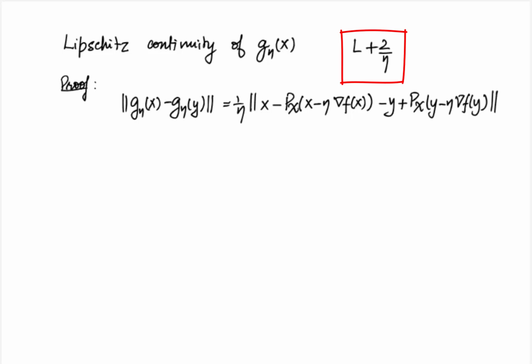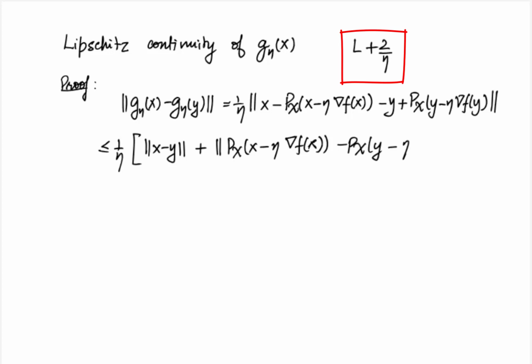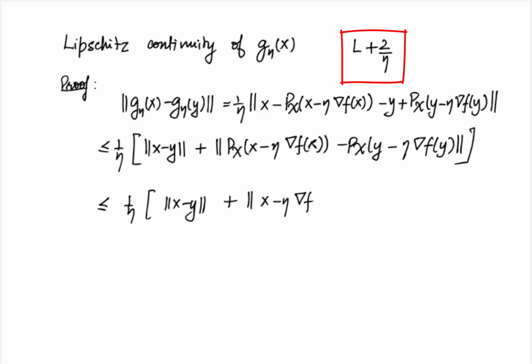Now let us use the triangle inequality to get the x minus y term separate from the projection term, so as to bound the right hand side with 1 by eta times norm of x minus y plus norm of projection of x minus eta gradient f of x minus projection of y minus eta gradient f of y. Next, we use the non-expansiveness of the projection operation, which yields that the left hand side is less than or equal to 1 by eta norm of x minus y plus norm of x minus eta gradient f of x minus y plus eta gradient f of y.